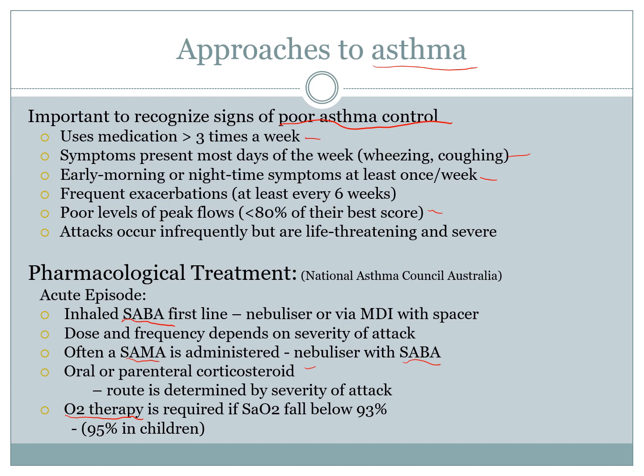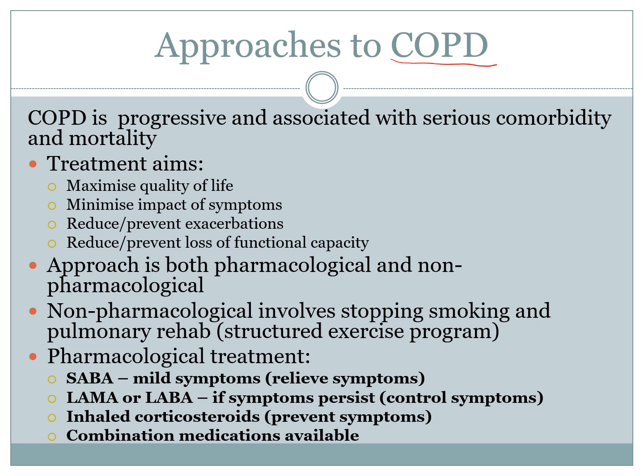Now, when we're looking at COPD, because this is progressive and usually associated with massive comorbidities, and the person has been given the diagnosis because their pathological state is not going to get better, the treatment aim is not curing them, but improving their quality of life and minimizing the symptoms that they have.